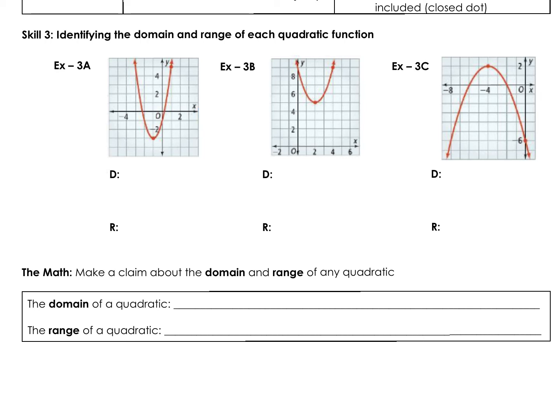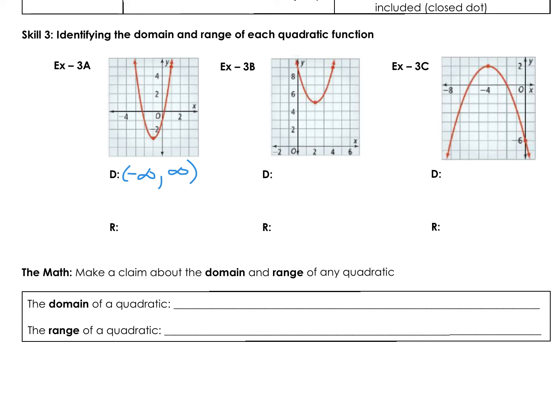This graph goes up infinitely, which is a y direction, so that's not what I'm interested in, but it also goes to the left forever. So our leftmost x value is negative infinity. Then the graph goes down and back up forever as x goes to the right. So your domain goes from negative infinity to positive infinity.